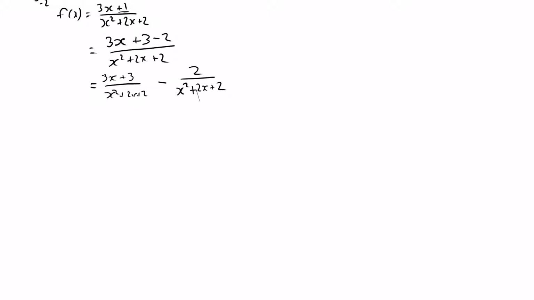So we could now work our way down, but we've got two separate functions. So I'm going to call this on the right g of x, and I'm just going to leave it as it is for now, so that we can concentrate on what we're doing with this quotient on the left, 3x plus 3 over x squared plus 2x plus 2, and not have to worry what else is going on.